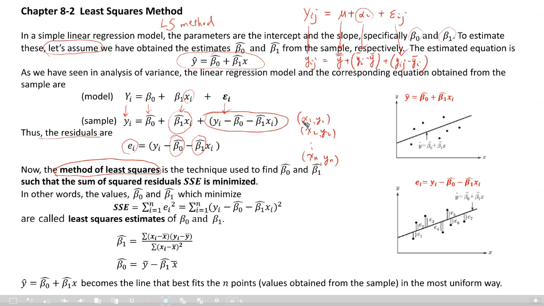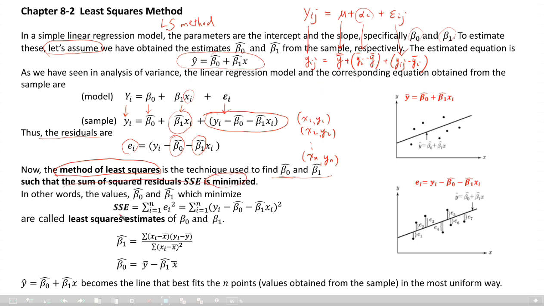We know the values of the sample, so the unknowns are beta 0 hat and beta 1 hat. The method finds beta 0 hat and beta 1 hat such that the sum of squared residuals, SSE, the residual sum of squares, is minimized. Somebody said error sum of squares, but residual sum of squares is, I think, more correct.